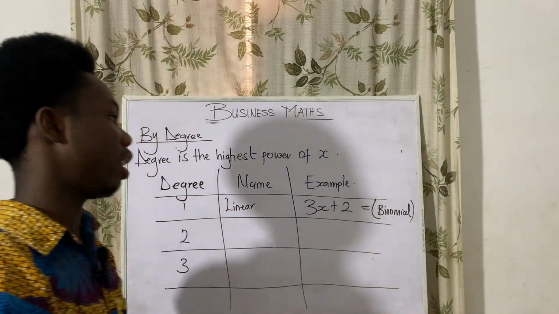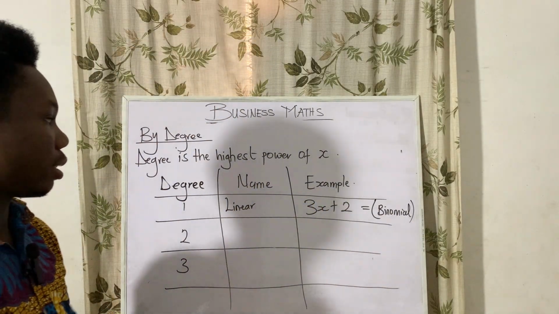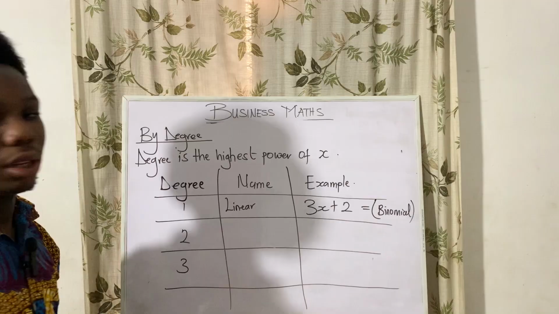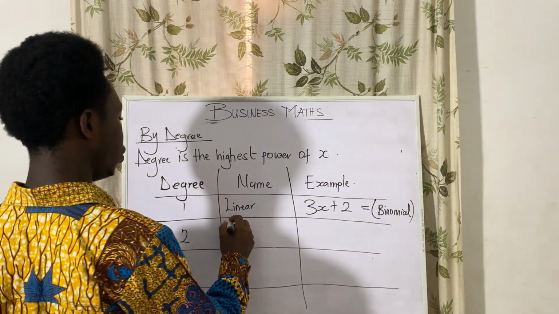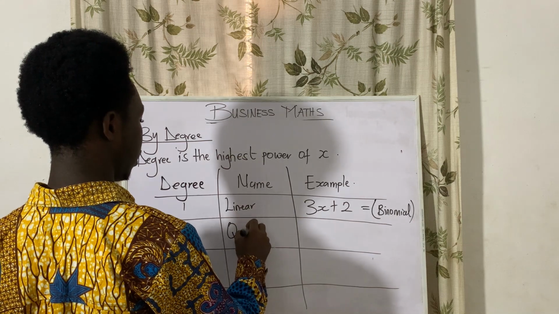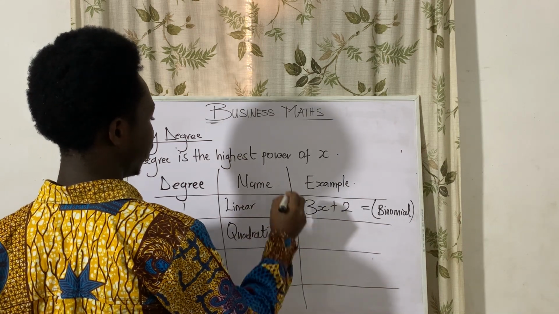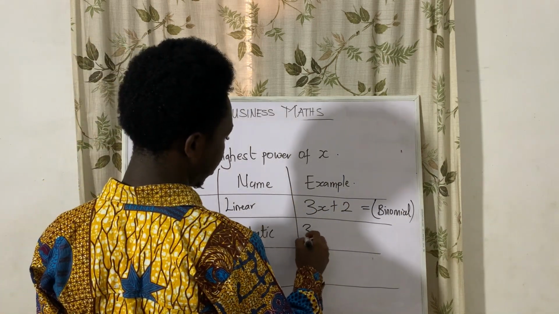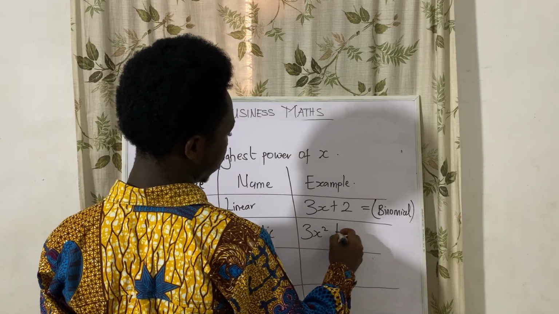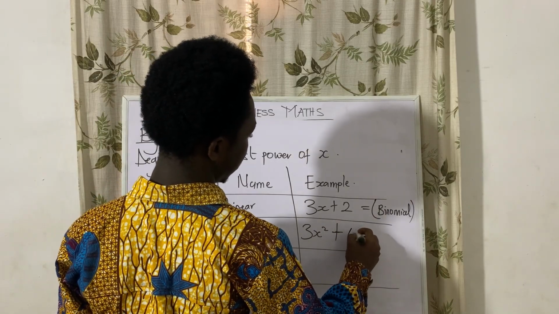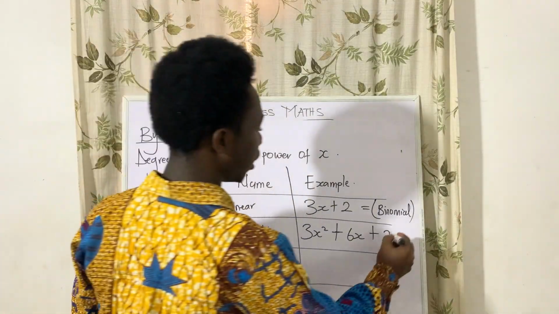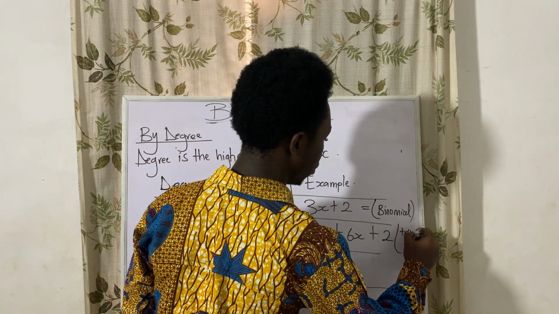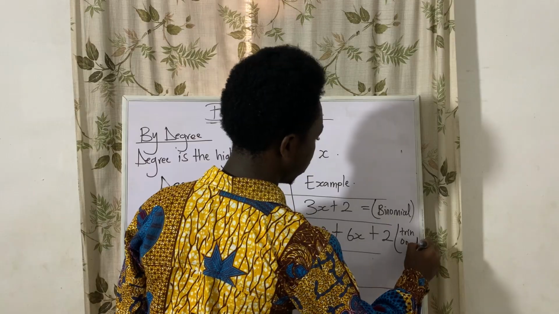Why does it fall under binomial? Because it has two terms. Now we move to degree 2. Degree 2 is quadratic. An example of a quadratic is 3x squared plus 6x plus 2. This falls under trinomials.